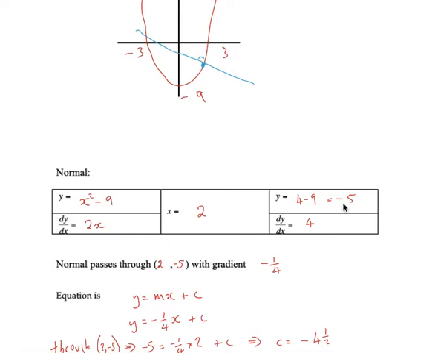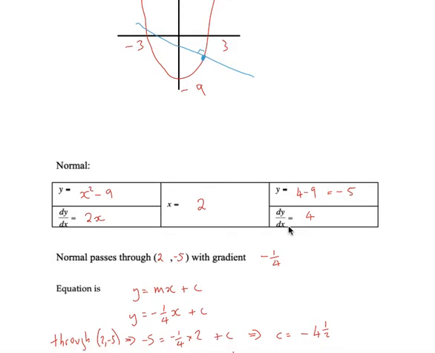Now at the start of this lesson we reminded ourselves that perpendicular gradients are, each gradient is minus 1 divided by the other gradient. So now I've reduced this problem down to a straight line problem, because my normal equation is simply the equation of a straight line which passes through (2, -5) with gradient minus 1 over 4, because it's perpendicular to the tangent gradient.